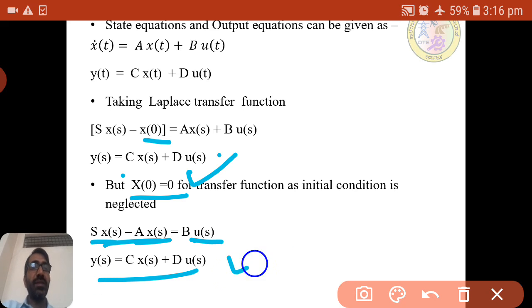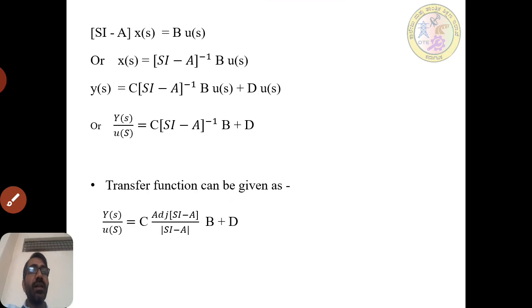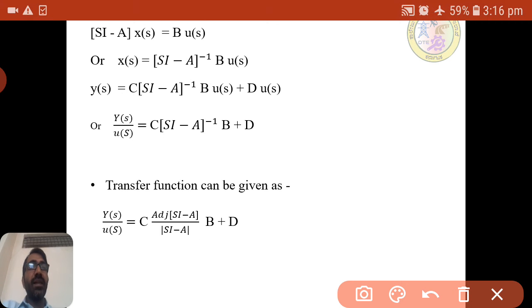The output equation stays the same because no x of 0 is there. Then it will be given as (sI minus A) into X of s equals B into U of s, or X of s is equal to (sI minus A) inverse into B into U of s.